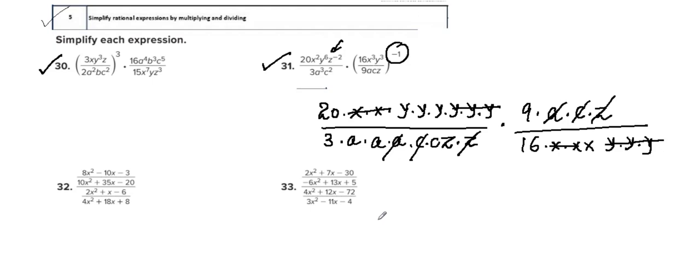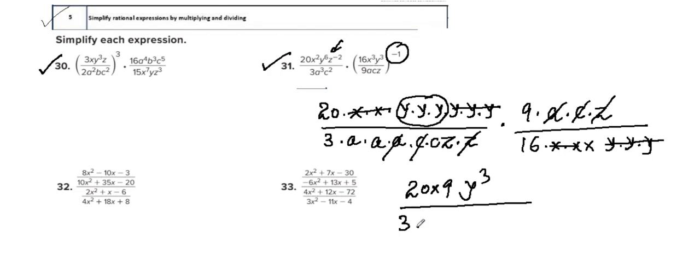What is left that you need to write? 20 multiply 9 left, and y left 3 times, divided by 3. A left 2 times, C left 1 time, Z left 1 time, and 16 I will write in the front. 16 multiply 3, you can write in brackets, and x is left here also.